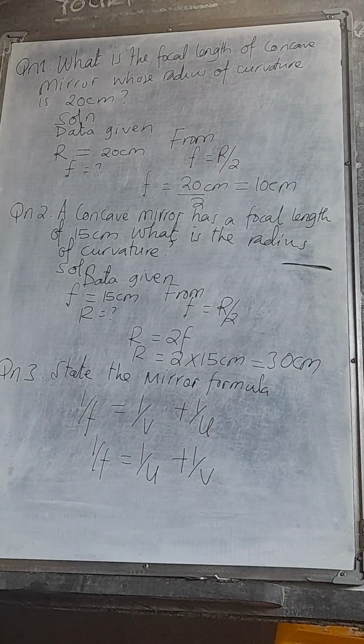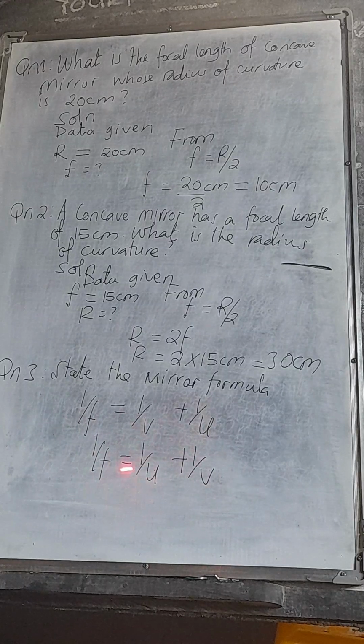Thanks to those who continue to comment. Congratulations to those who tried to point out and set the mirror formula as 1 over f is equal to 1 over u plus 1 over v. This is the mirror formula everyone is supposed to know.